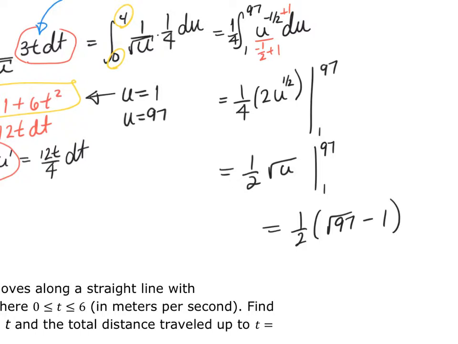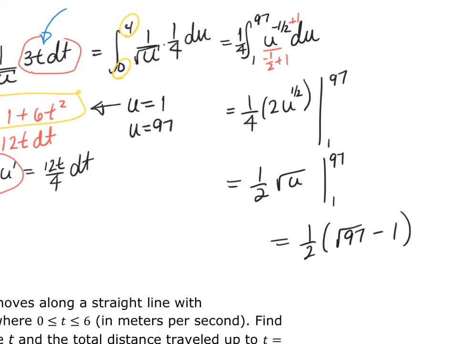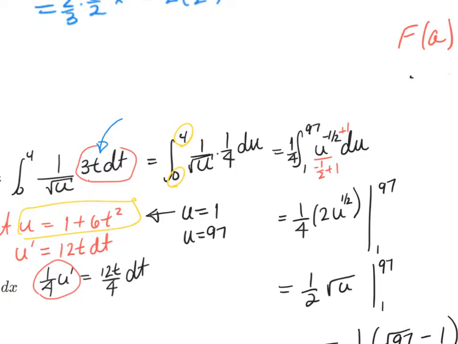Okay. Before you ask any questions, let me explain. If I didn't take this step up here in yellow, where I replace my upper and lower limits of integration, then I need to note this as u1, u2, and I'd still have 1/4 u raised to the negative 1/2 du.